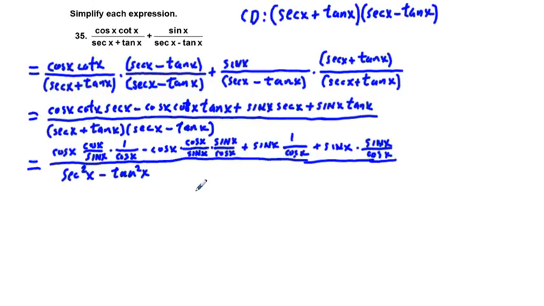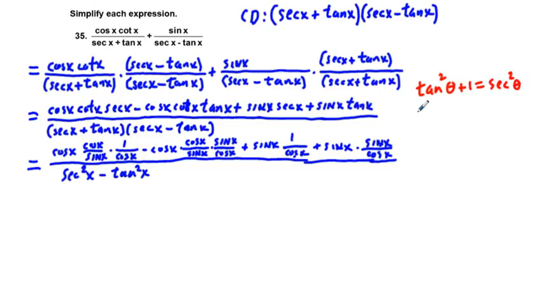Okay, now we're going to start being able to really simplify this thing. And to do that, one of the Pythagorean identities is tangent squared theta plus 1 equals secant squared theta.